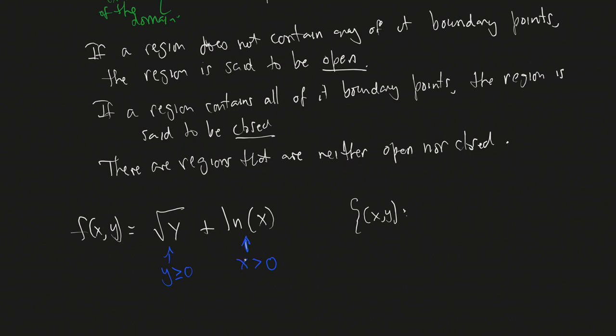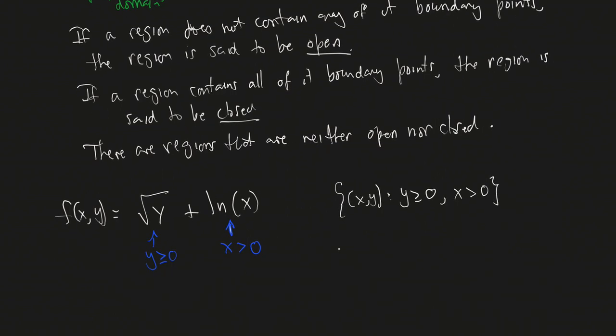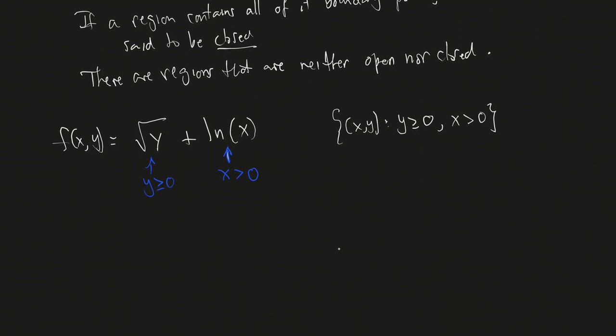It doesn't matter if you do them alphabetically or reverse alphabetically. You could just say your y has to be greater than or equal to 0, and x has to be strictly greater than 0, right? Now let's look at the sketch and see if we can identify the boundaries, interior, exterior, and then determine if this set is open, closed, or neither, right?